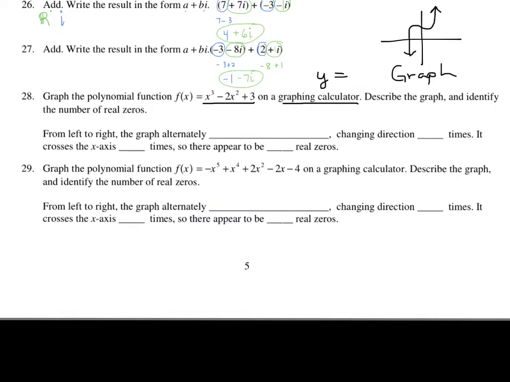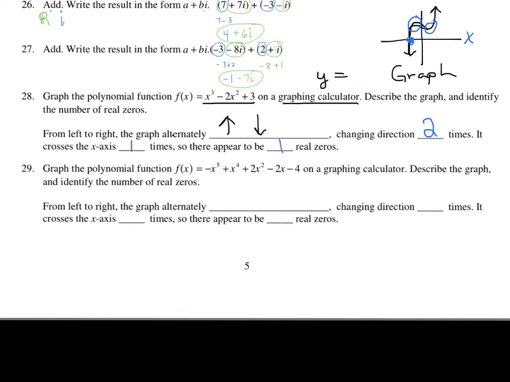First, the graph increases, then it decreases. So we can put increases and decreases alternately. It changes directions. Here's one time it changes from going up to down and then down to up. So it changes directions 2 times. It crosses the x-axis 1 time. So there appears to be 1 real 0.